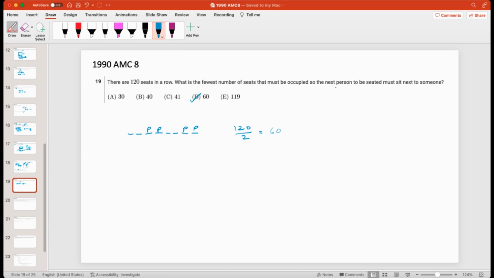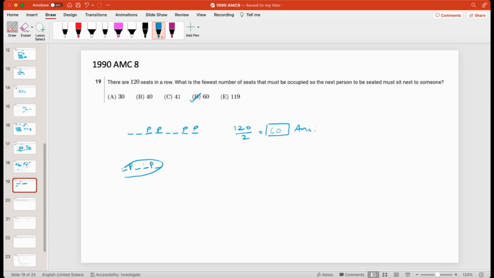This is just because the next person must be seated next to somebody. If this condition were not there, then we can even get the answer as 40. So in that case, I'm just telling this to you extra. For this question, this is the answer. But if this statement were not there, we can even say unoccupied, occupied, unoccupied, unoccupied, occupied, unoccupied.